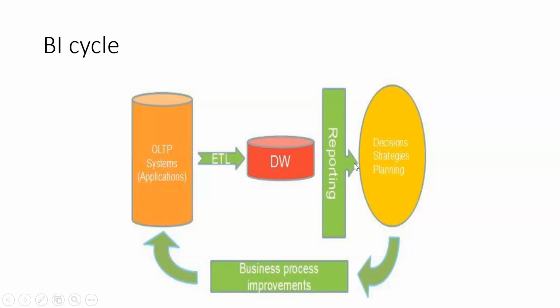On top of those charts and graphs, business decision makers can take easy decisions or easy strategy. What should be our next move? And they are applying the same thing to the source system over here. So this cycle is going on and on.